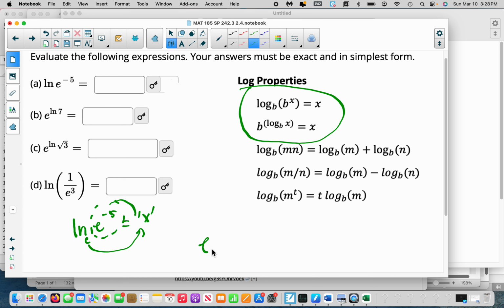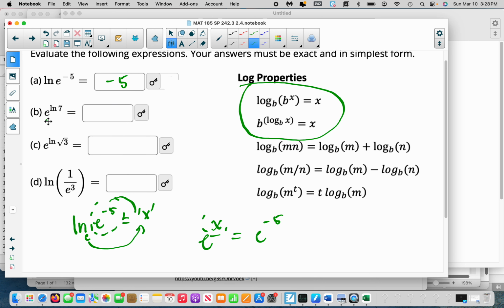So we can say e to the x is equal to e to the negative 5, meaning x equals negative 5. Okay, that's equal to e to the negative 5.